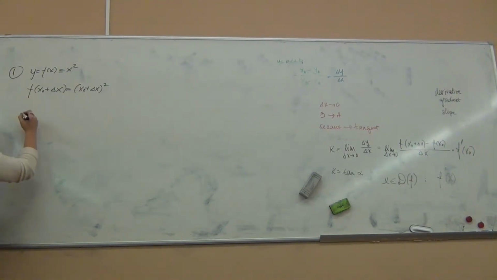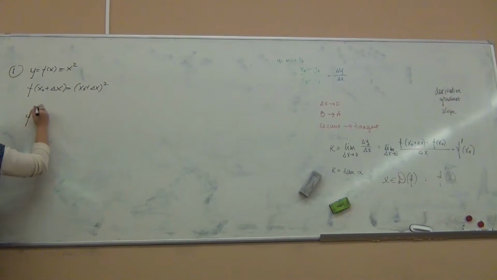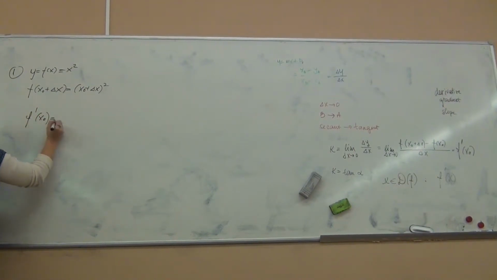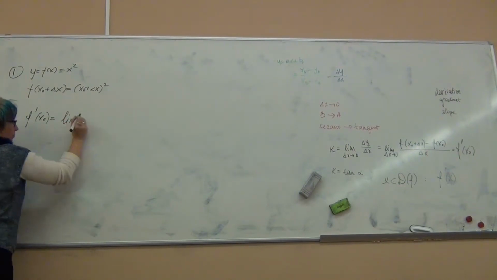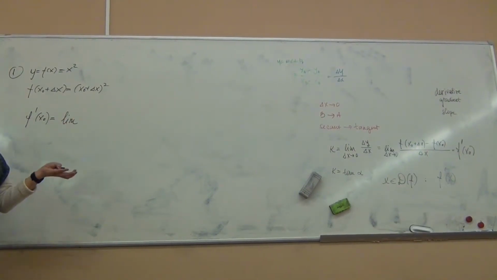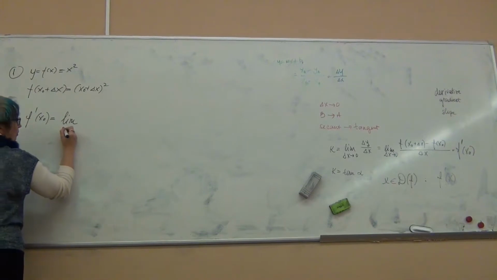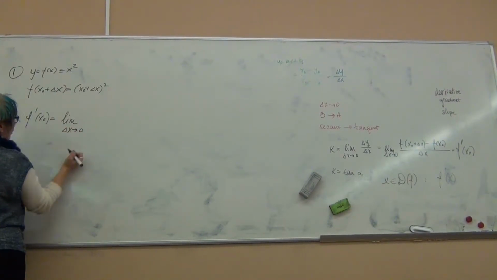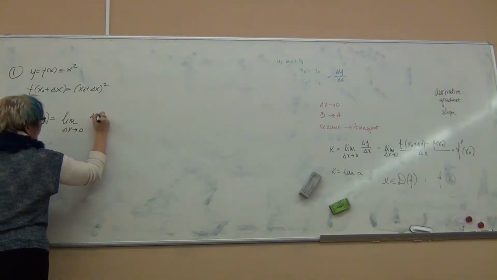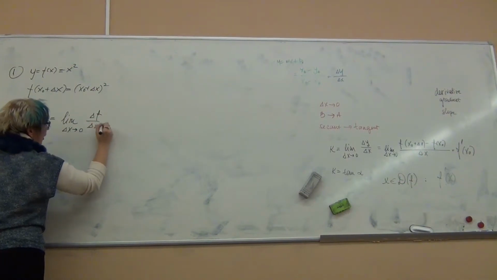So now let's see the derivative at the point x0 of this function is the limit. Why did we study limits before? For this, when delta x tends to 0, of delta f over delta x.